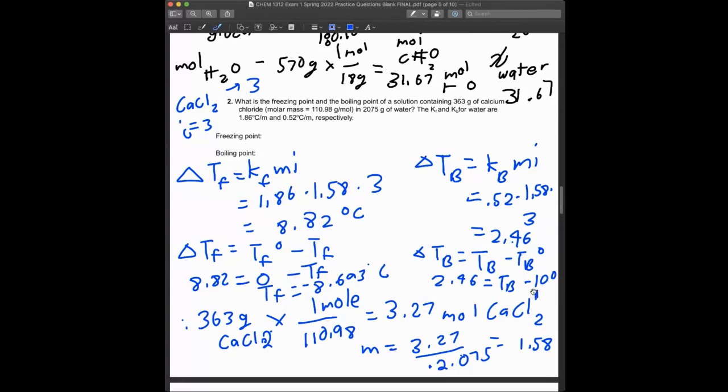If you ever forget which goes which, just know that you always end up with a higher boiling point, and you'll always end up with a lower freezing point. So the freezing point is going to be negative 8.693, and the boiling point will be 102.46.